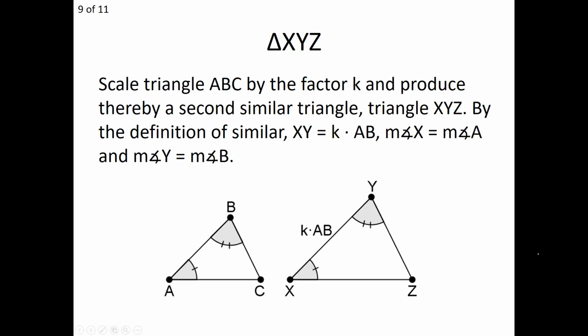So let's take triangle ABC. We only need to scale one of the two triangles, and we're going to scale triangle ABC. So I take triangle ABC, that's our given polygon, and our value of K, which is by definition of our ratio RS to AB.